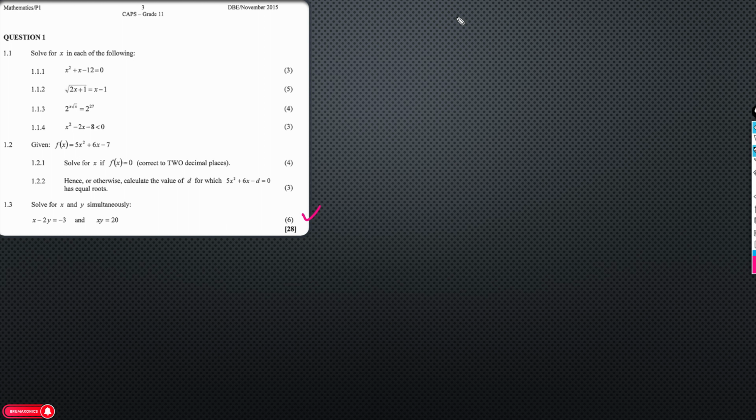So for me, I'm just going to say that my equation 1 will be x minus 2y, which is equal to 3, right? And then from here I'll just take the y to the other side, and then 3 to the other side.